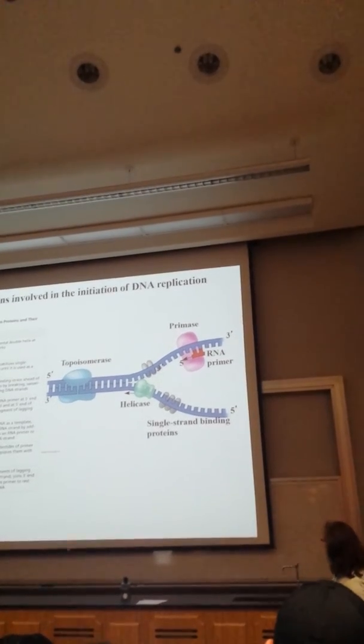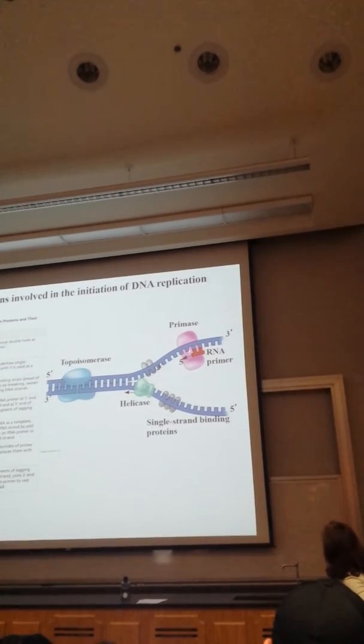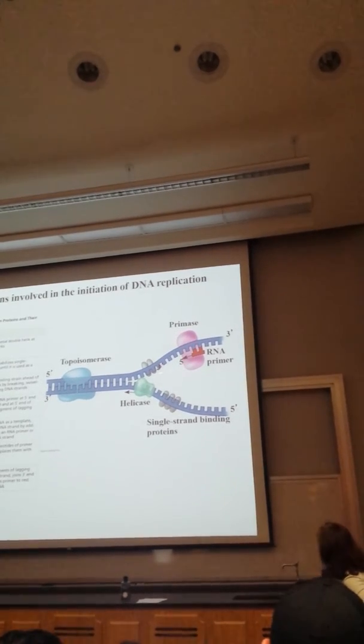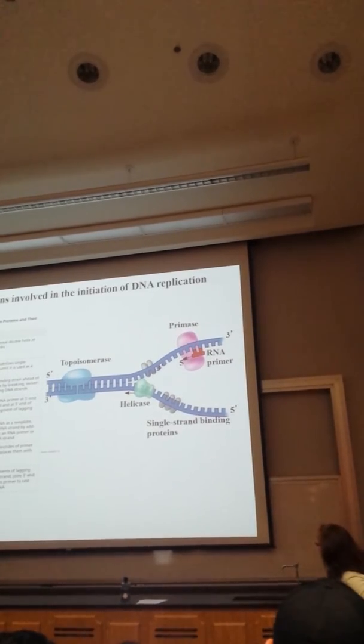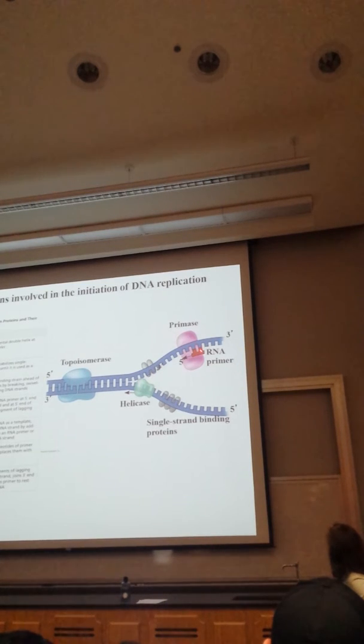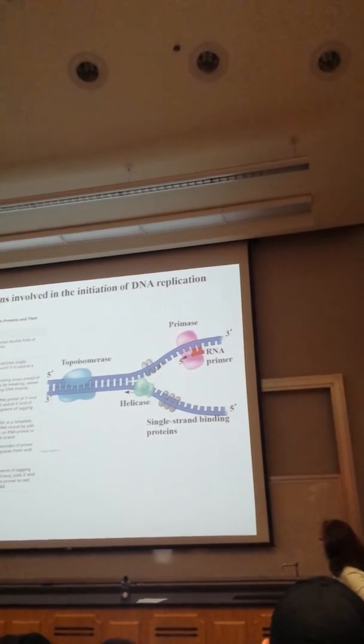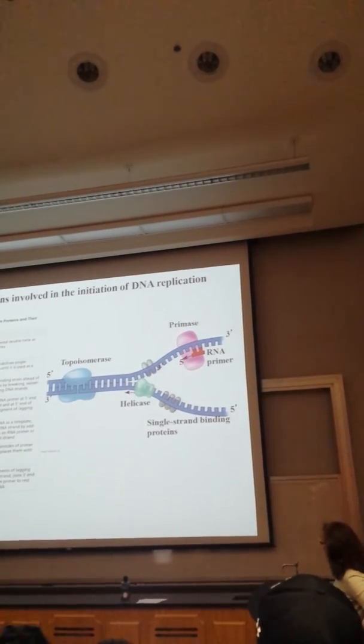Then what will happen is the RNA primer that started DNA polymerase along its way cannot be allowed to remain. And so DNA polymerase 1 removes these ribonucleotides and replaces them with deoxyribonucleotides, or DNA.